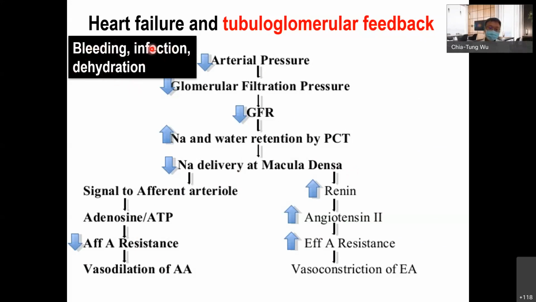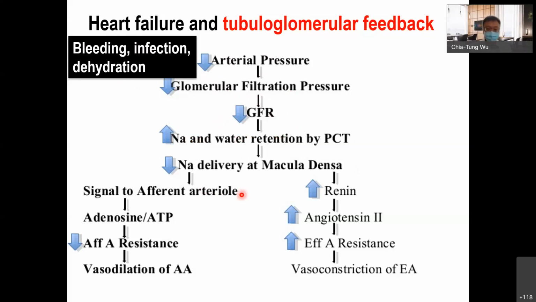In these circumstances, the blood pressure will decrease, and our glomerular filtration pressure will decrease. So our urine decreases, so we cannot remove the waste in the blood from the urine. So it's not good, we will die.